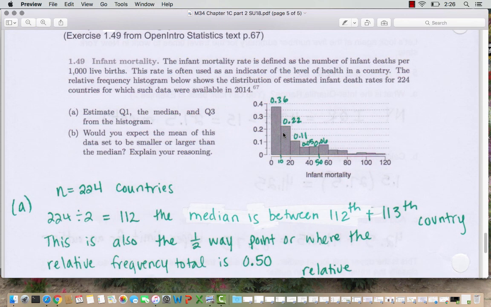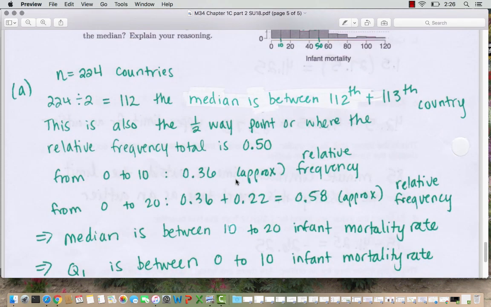So I know then the midpoint, the 50% way through, or 0.50 relative frequency, must be between 10 and 20, because the total of the bar heights is 0.50 somewhere in there. So from 0 to 10, the relative frequency would be approximately 0.36. From 0 to 20, that 0.36 plus 0.22, the relative frequency is approximately 0.58. So the median is between 10 and 20 infant mortality rate.